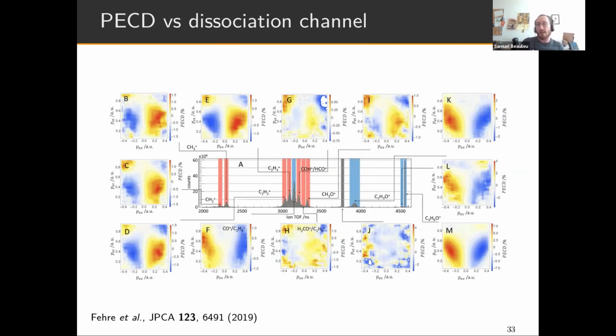And they suggest that the observed sign change of PECD in this case is not caused by ionization from different molecular orbitals, but by effectively selecting a differently oriented sub-ensemble of the molecules in the gas jet, giving rise to different fragmentation channels and thus different PECD. So the conclusions here and here are consistent with each other.